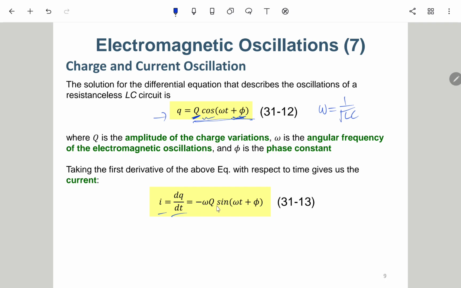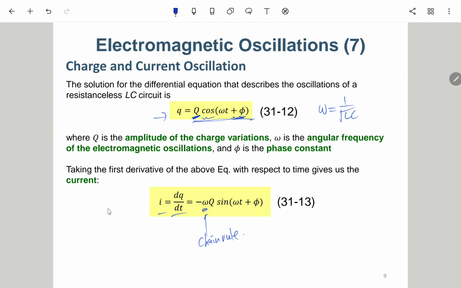So we have negative Q sine of omega t plus phi, and then we also have the chain rule when taking the derivative with respect to t. So we have the omega, due to the chain rule. So we have negative omega Q sine of omega t plus phi.